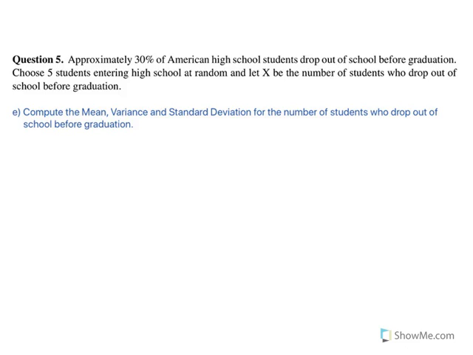Okay, this is a continuation of the question that we solved before, and I added the part E to it in order to make it a complete question. So if you remember the question, approximately 30% of American high school students drop out of school before graduation.